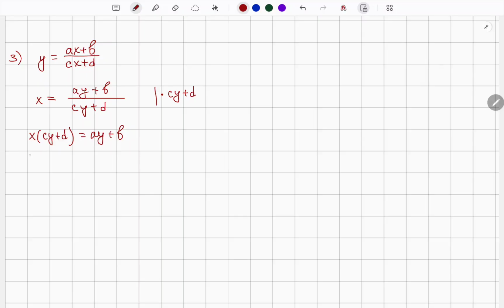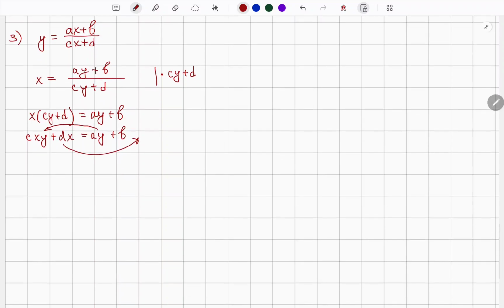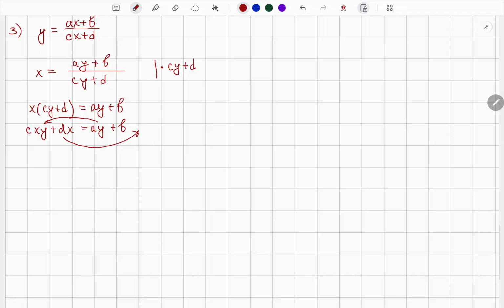I open the brackets, so it's cxy plus dx is equal to ay plus b. I remember my goal: it is to make y the subject of the formula. So I collect all y terms on the left-hand side, and I throw all other terms to the right. So it's cxy minus ay is equal to minus dx plus b.